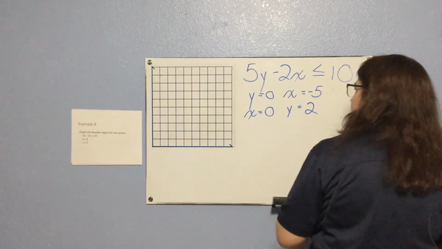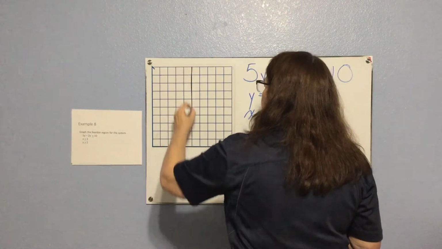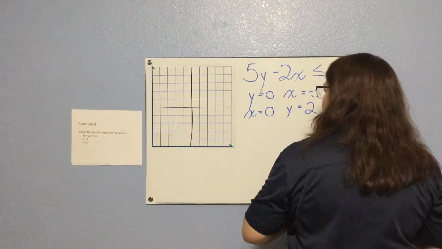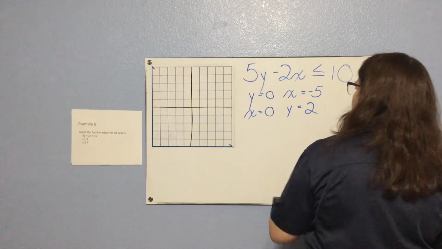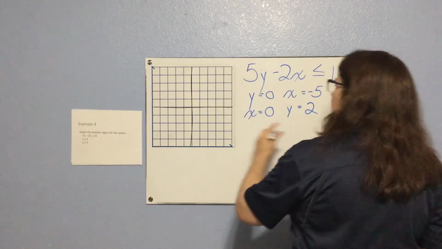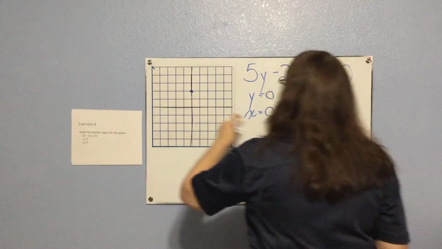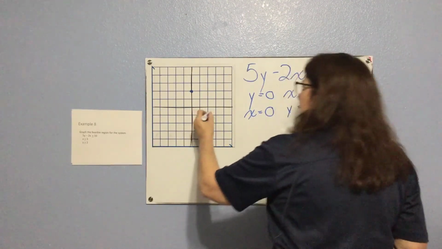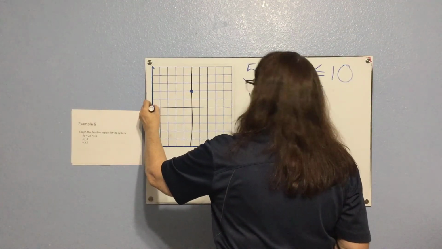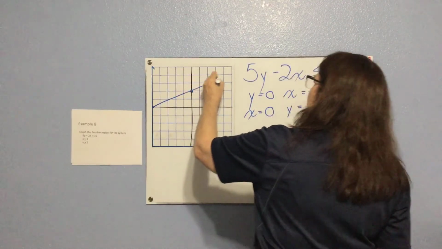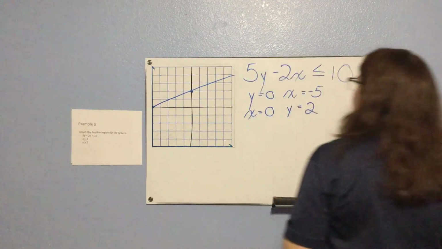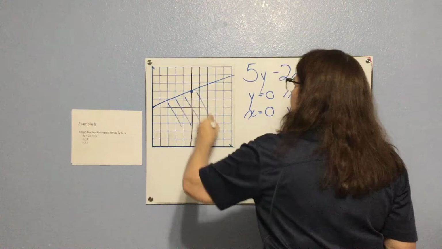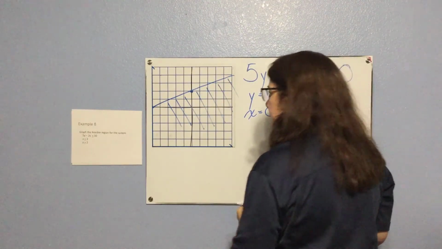So let's draw our grid, and we'll go back to 1 square per unit. So I have this point (0, 2), and this other point (-5, 0) out here. There's my line. (0, 0) does fit this, so we're going this way.